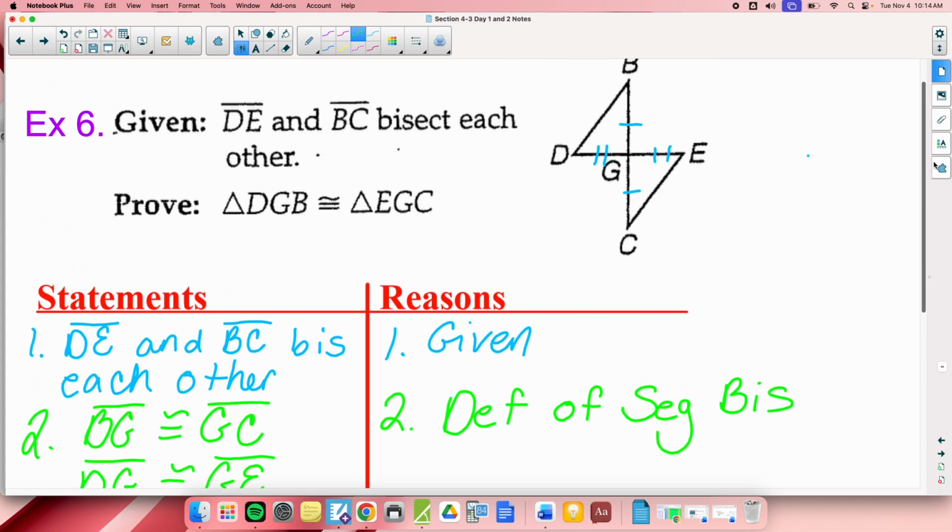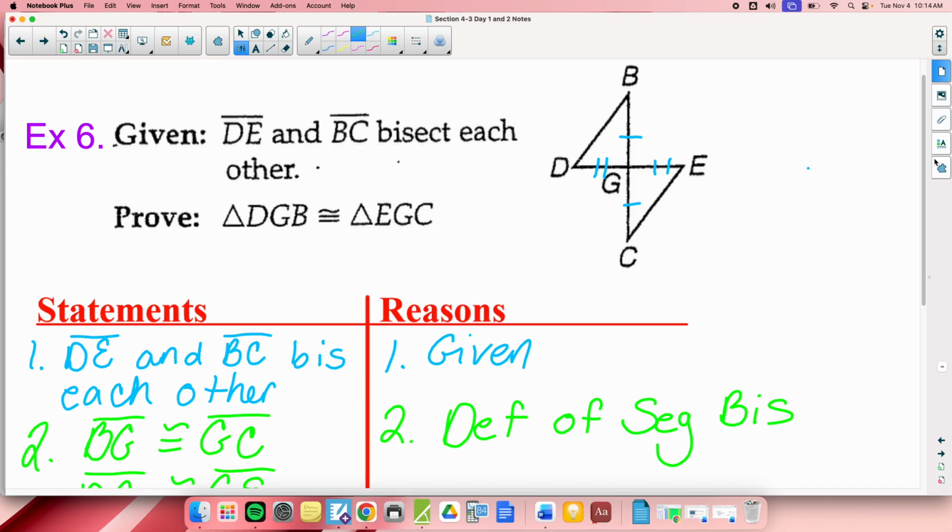Now, does anyone see something else we can mark? Yes. Vertical angles, very good. These two are vertical. That's another super common step. And we have to use 3 letters.